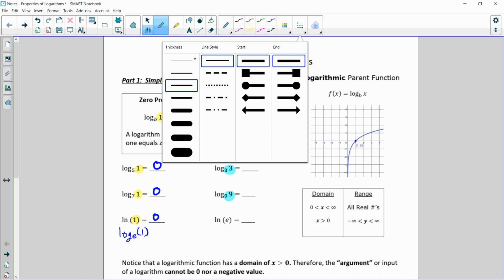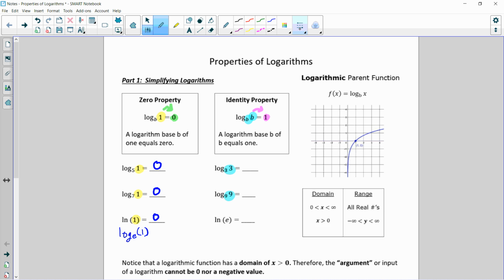And this one's not easy to see until we write it like this. So log base e of e, and then yet again that base and the argument, what's on the inside of the logarithm, are the same. So for each one of these, we get 1.